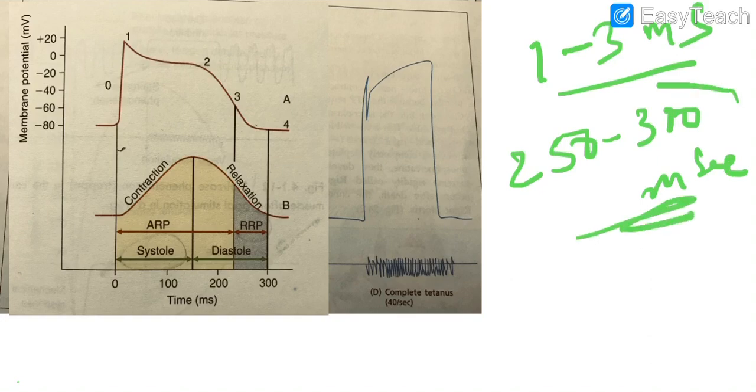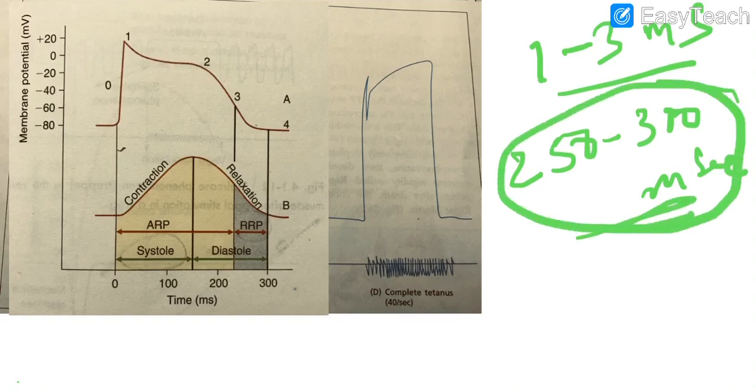So we cannot tetanize a cardiac muscle because the contraction as well as the relaxation, both the phases fall during the refractory period. So that is the other question you might get.